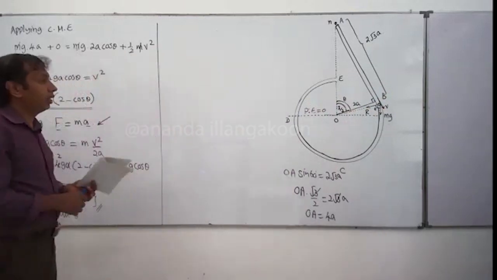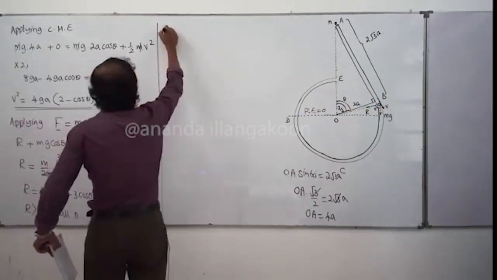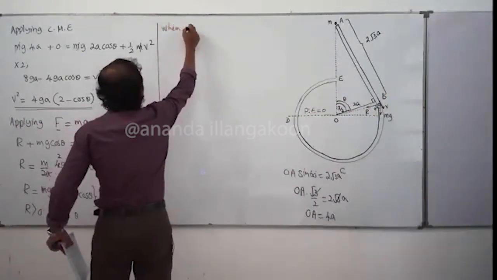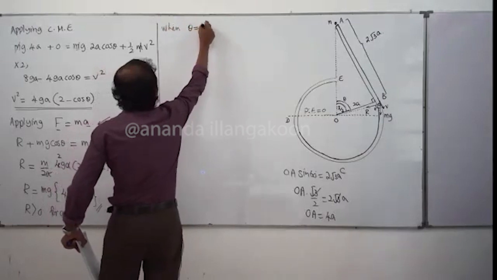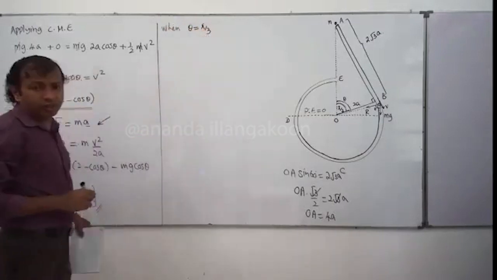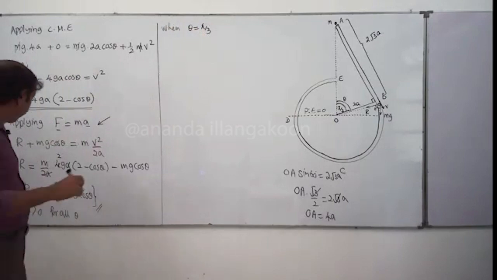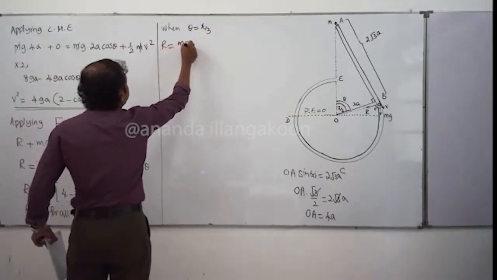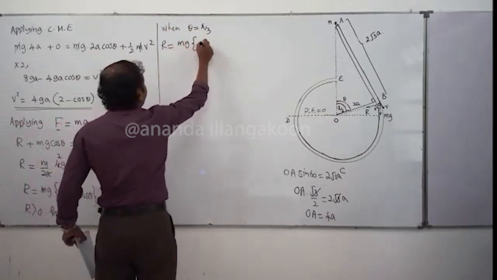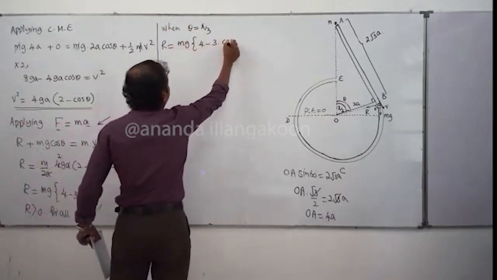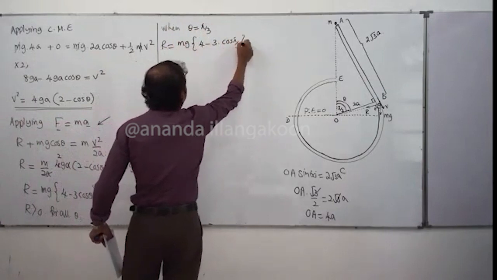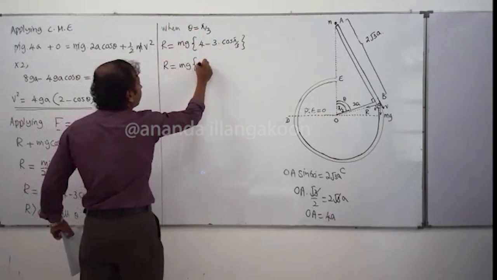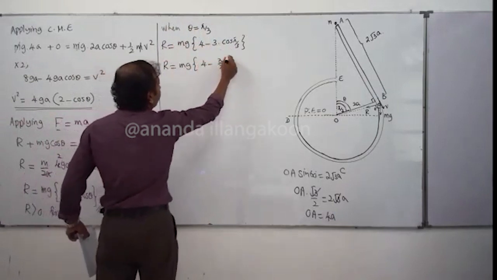So then you can see, when theta equals pi by 3, I am going to find this R. R equals mg times 4 minus 3 cos pi by 3. cos pi by 3 is half, no?